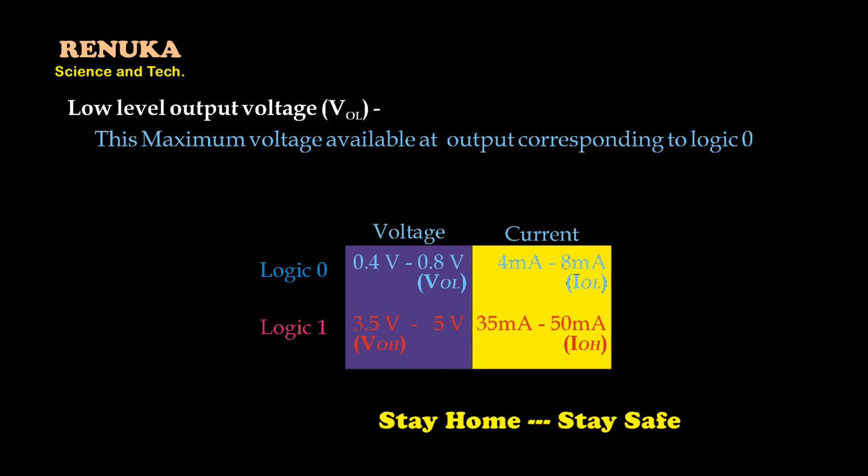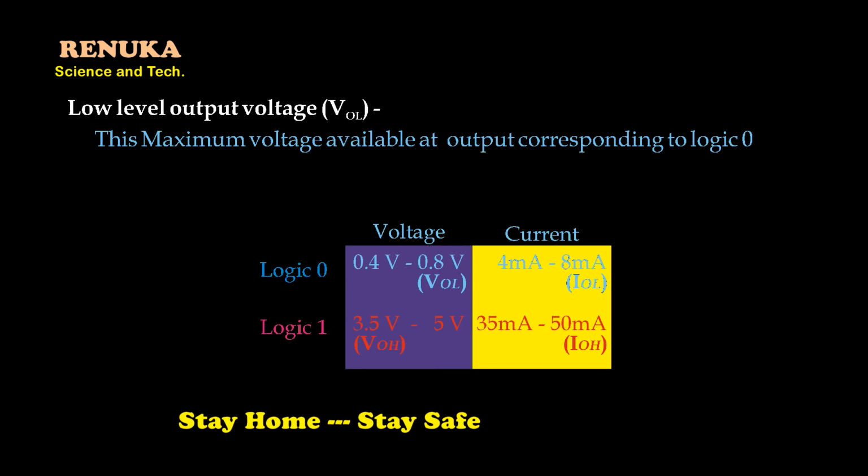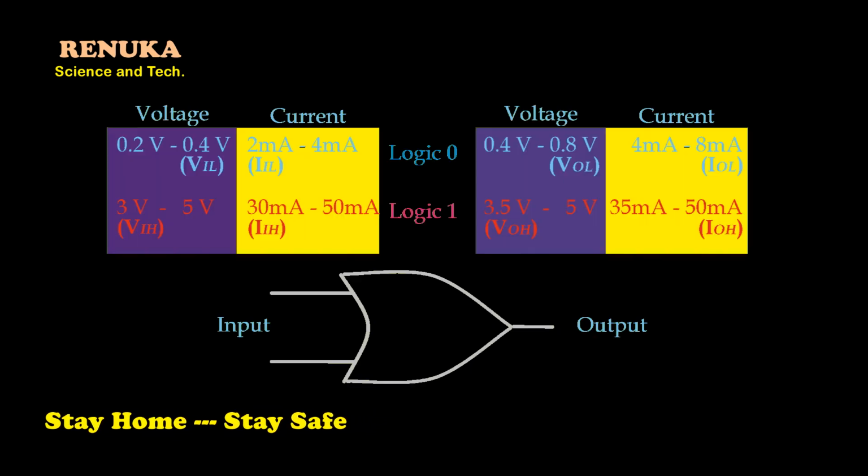Because from 0.4 to 0.8 the logic level will be considered as logic 0. If the voltage is more than 0.8, if it is 0.9, that will be considered as logic 1. So that is why the maximum is 0.8. Up to 0.8 it will be considered as logic 0 at the output.